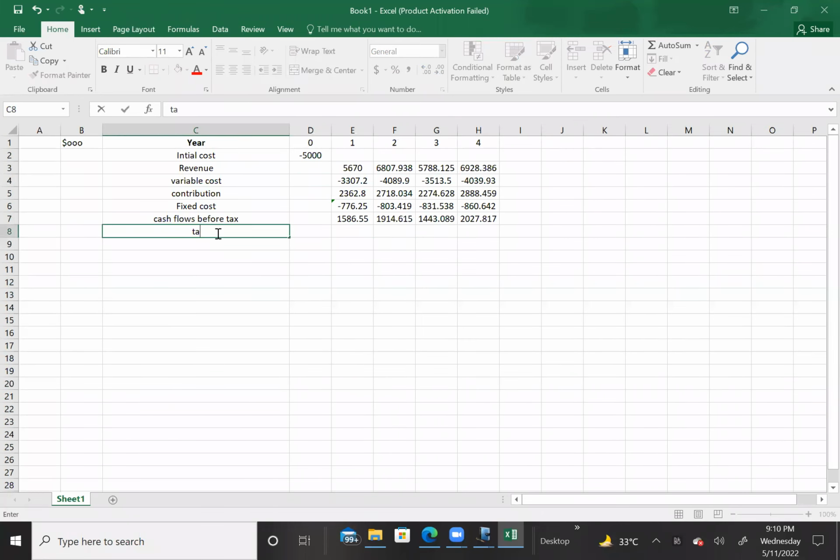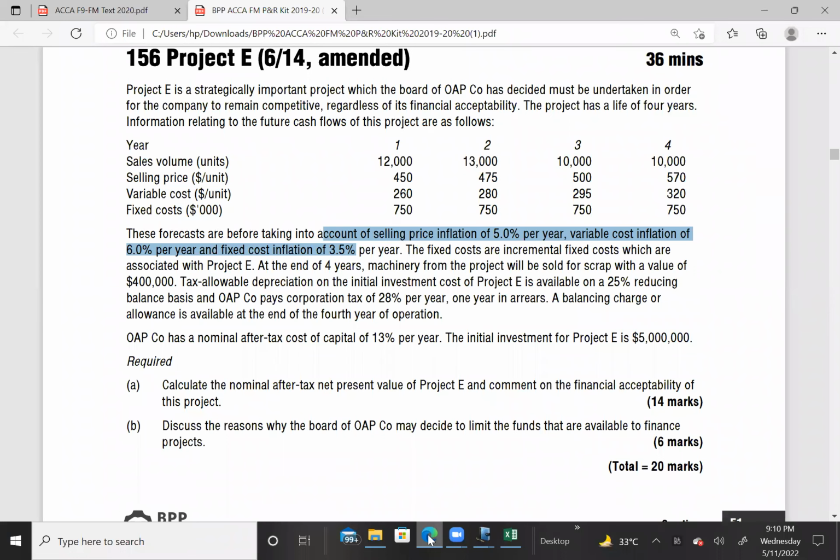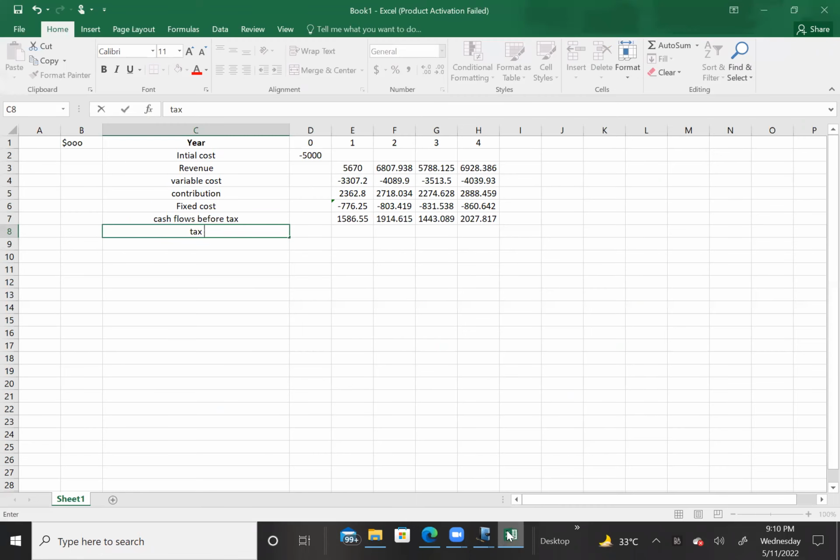Now the tax rate is 28% with 1 year in arrears. One year in arrears means that the tax of year 1 will be paid in year 2. Then the tax of year 2 will be paid in year 3.